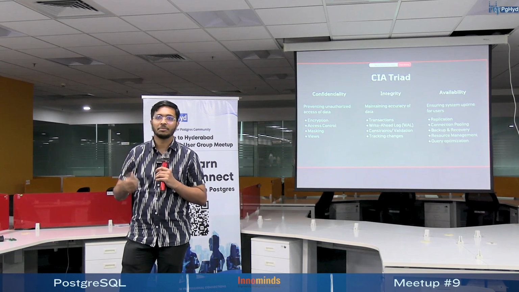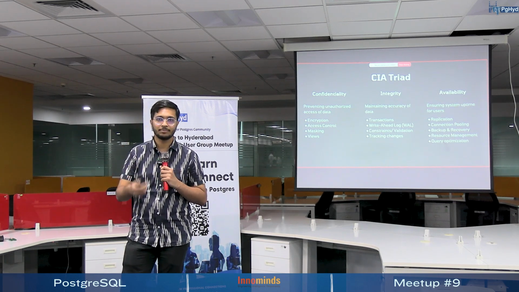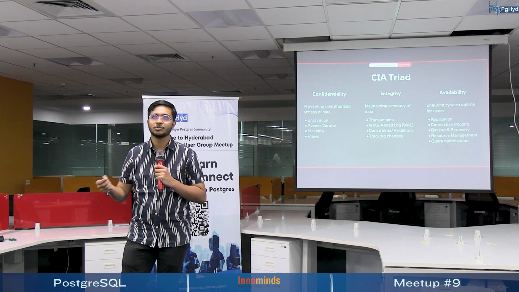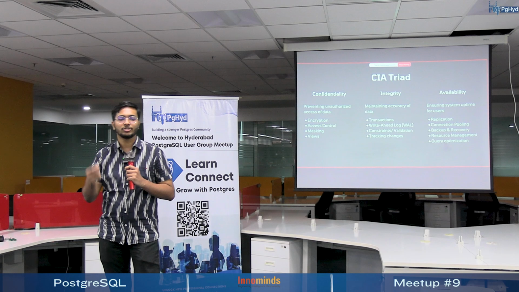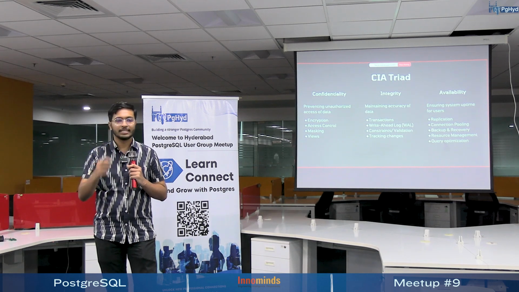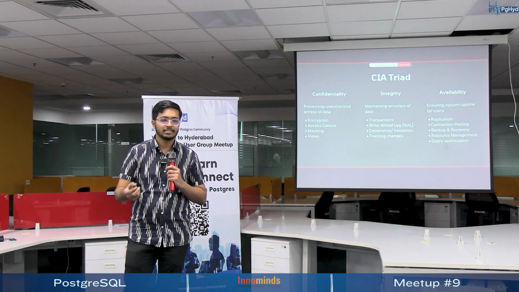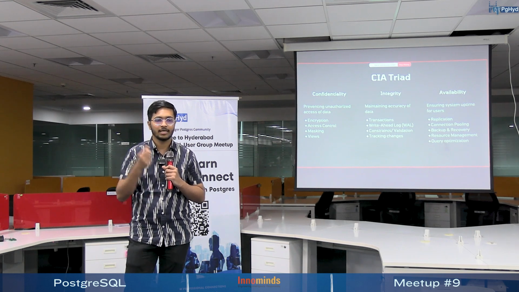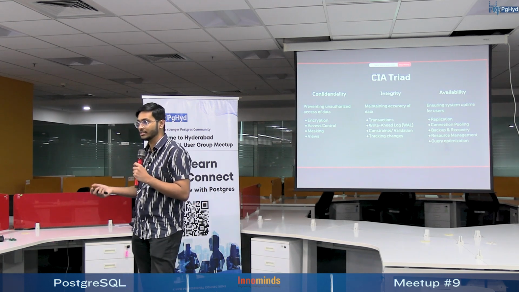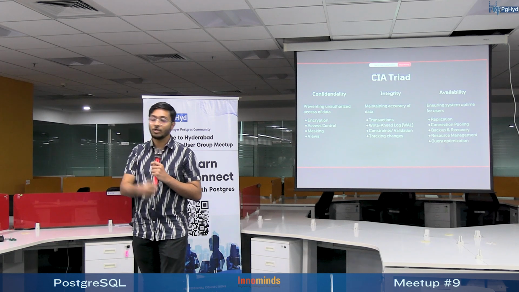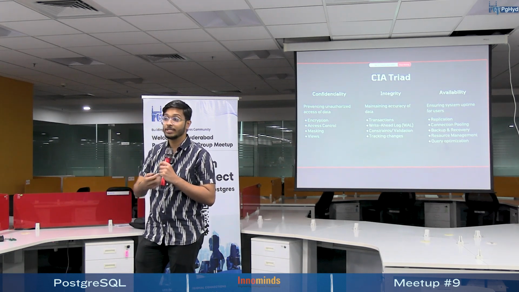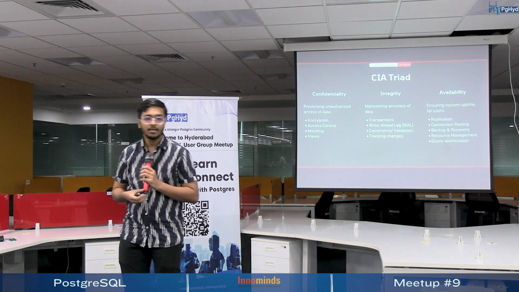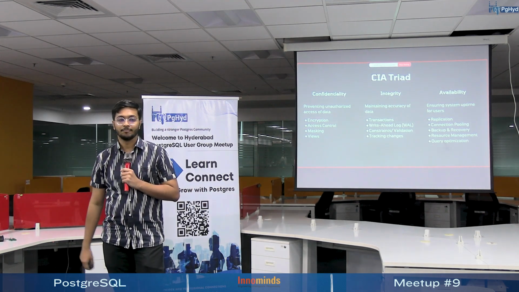If there are multiple users trying to access or modify the same data, how do you ensure that the data is in the right manner? You use transactions, you look at validation, constraints check, and you also start looking at tracking your changes. Because in case something has already gone wrong, you also need to figure out what exactly went wrong, who did that, all those things.